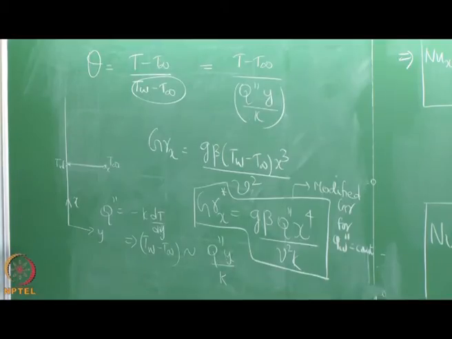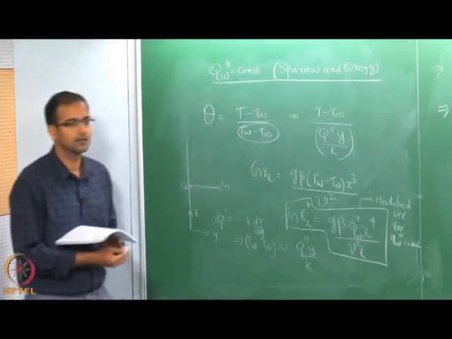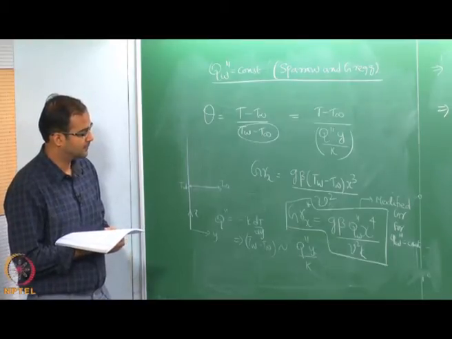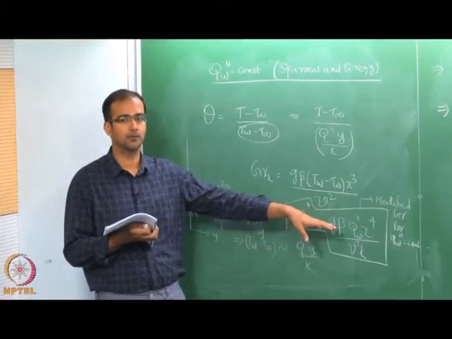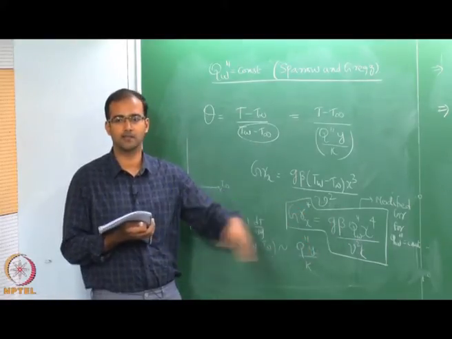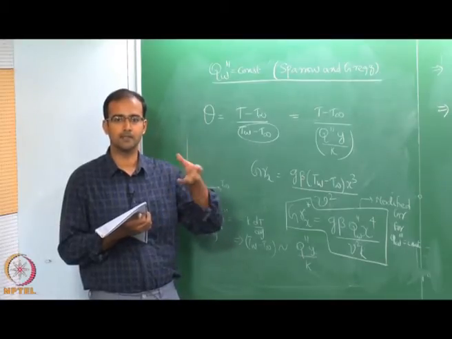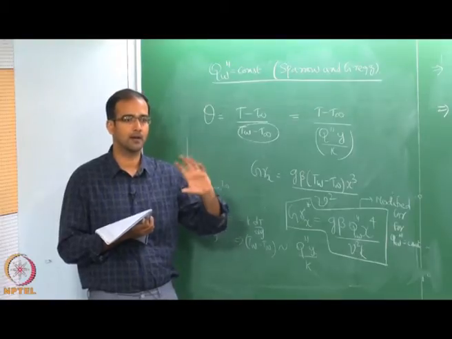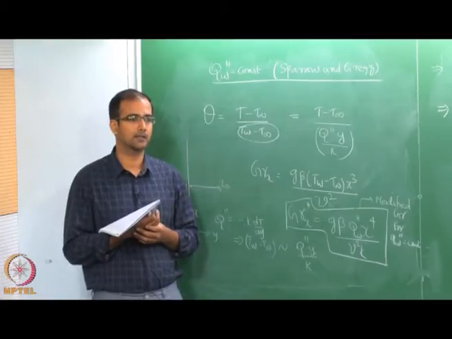So, we know what the wall heat flux is. We are replacing y with x. We cannot use y into x power 3 in the Grashof number. We are just doing some scaling where we say the order of magnitude of x and y are kind of similar, and therefore we are converting that also into x.